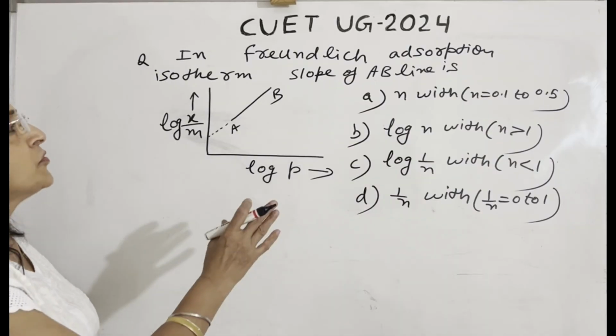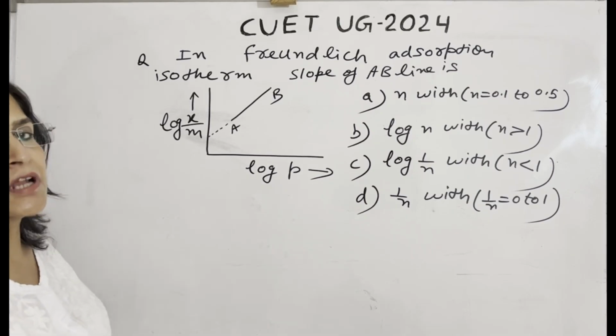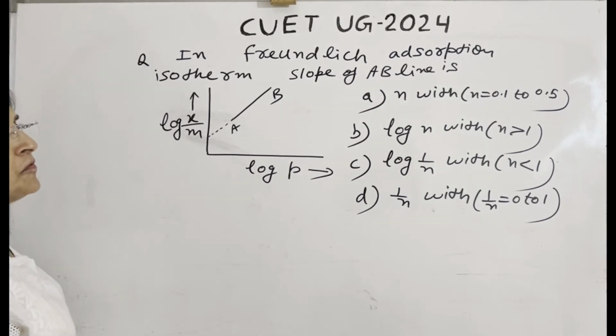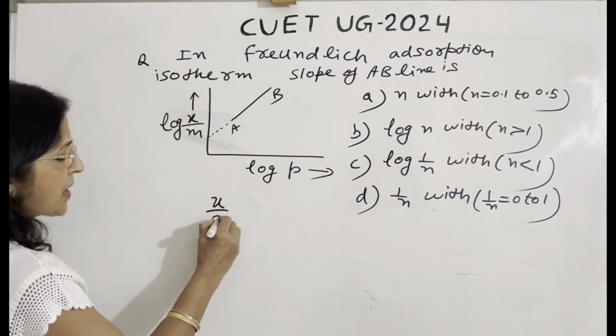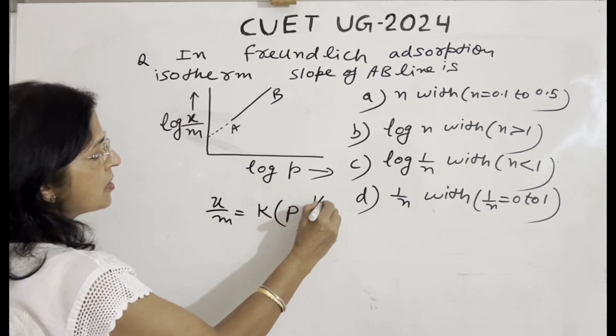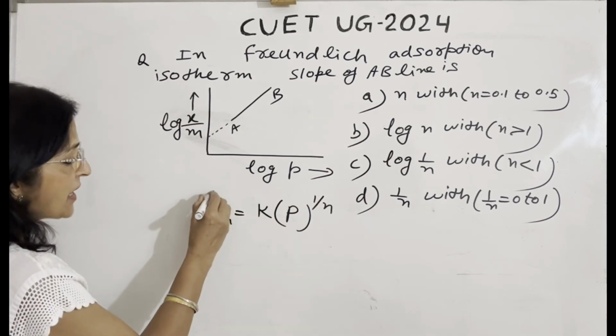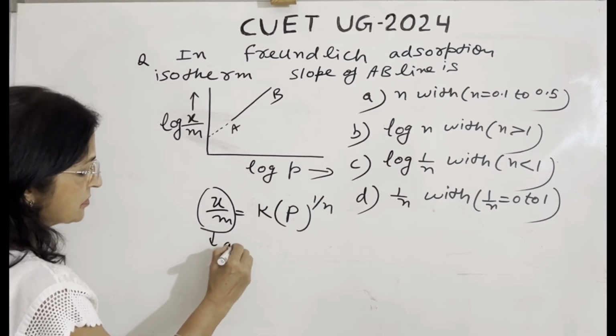Question is, we have to find the slope of AB line in this adsorption isotherm. The equation for Freundlich adsorption isotherm is x by m is equal to k p raised to the power 1 by n. X by m, this is the amount of gas adsorbed.